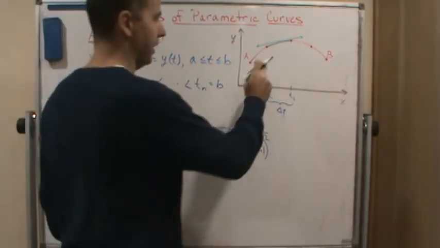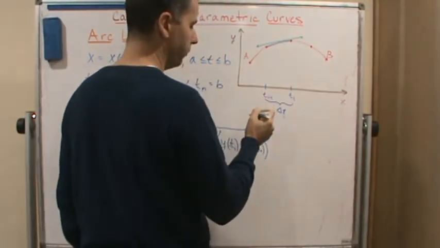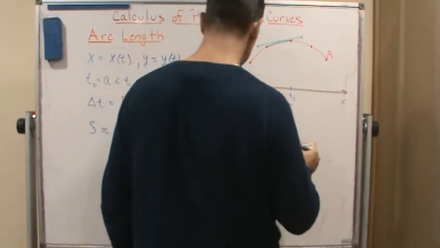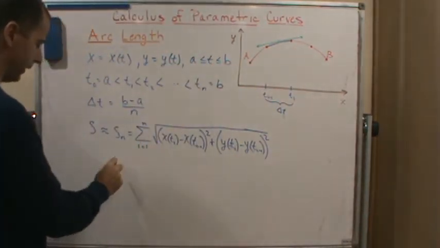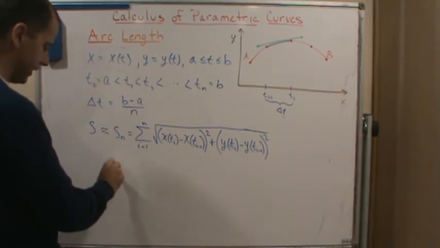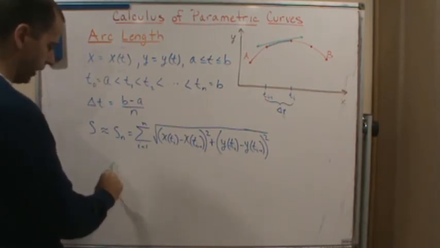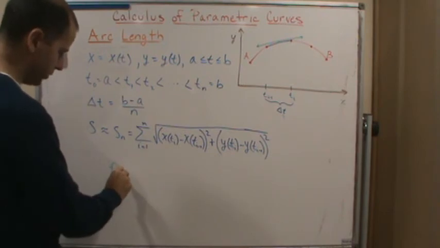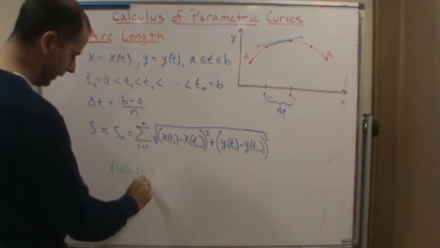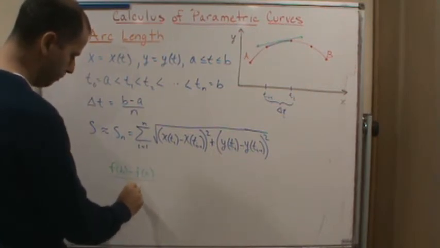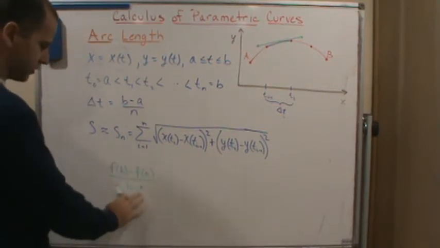So in other words, the slope of the line segment is given by, in general, f of b minus f of a over b minus a. That's the slope of the secant line.